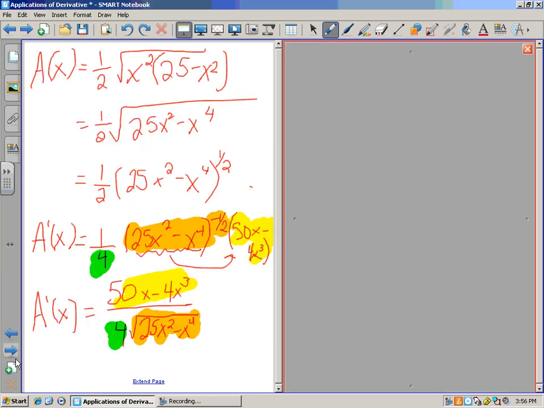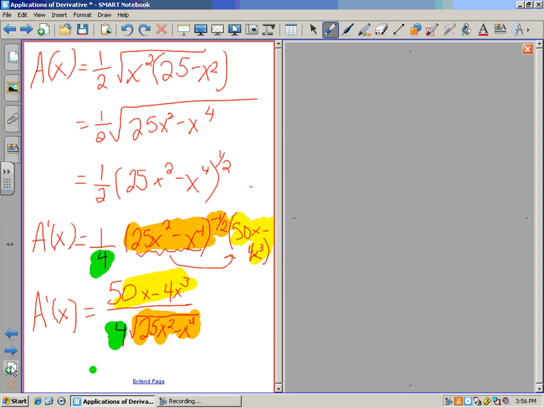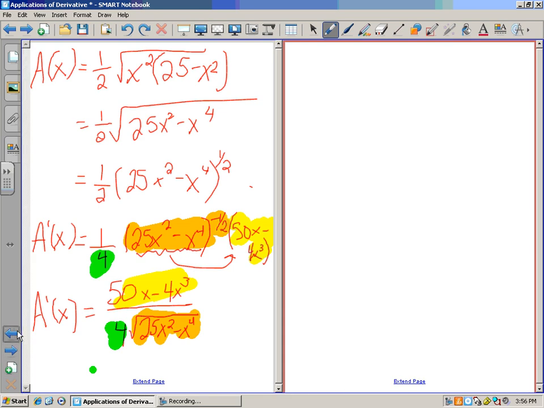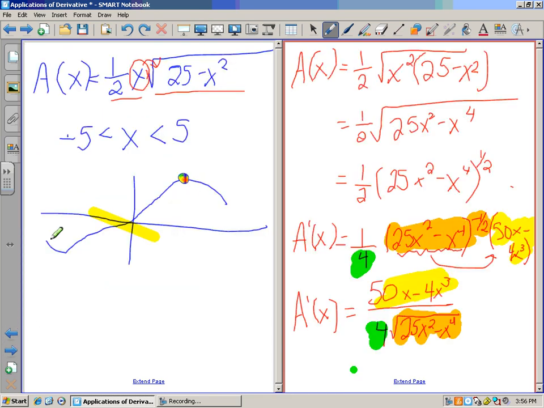Now, I need another page here. By looking at the graph, we know the endpoints, the 5, oh, and actually this graph could be a little more accurate. At x equals 5, this is 0.